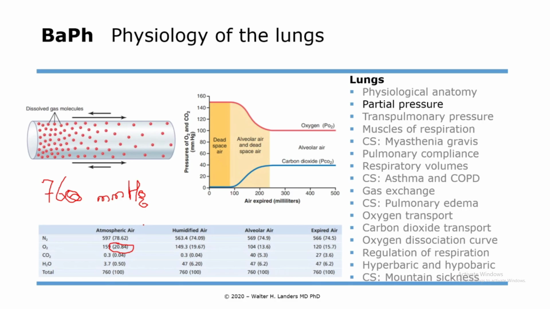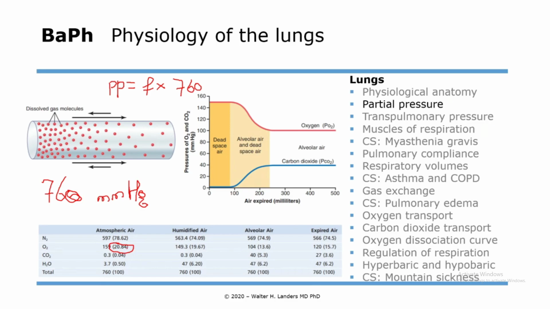The thing about partial pressure is that this is atmospheric pressure, or total pressure, but the partial pressure, the pp, is always the fraction times 760 in this case, so the atmospheric pressure.